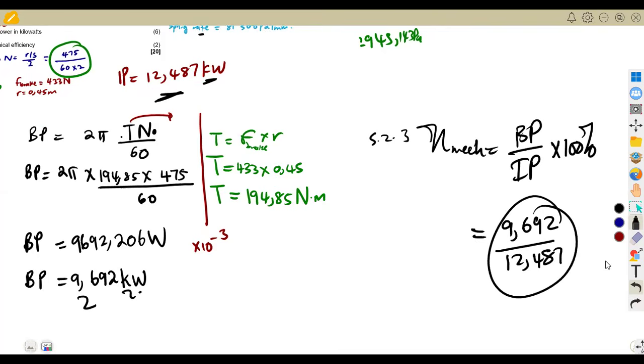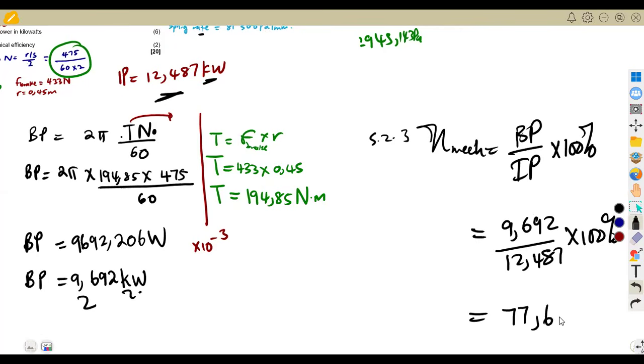Both are in kilowatts, so kilowatt and kilowatt will cancel. So this will give us our mechanical efficiency, which was going to be 77.6167, something like that, which is 77.617 to 3 decimal places as a percentage. Just like that, 20 marks.